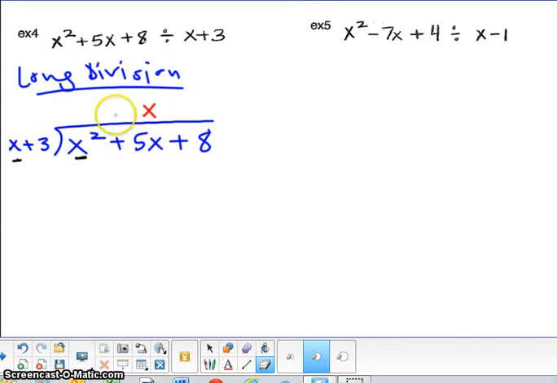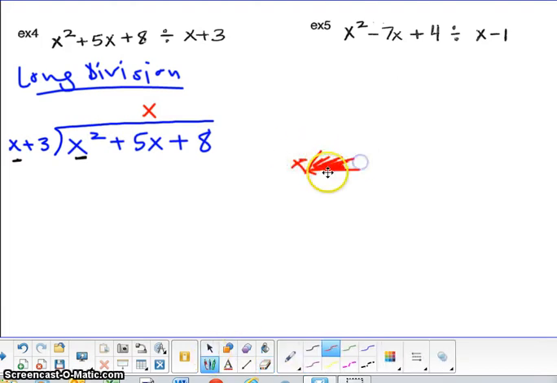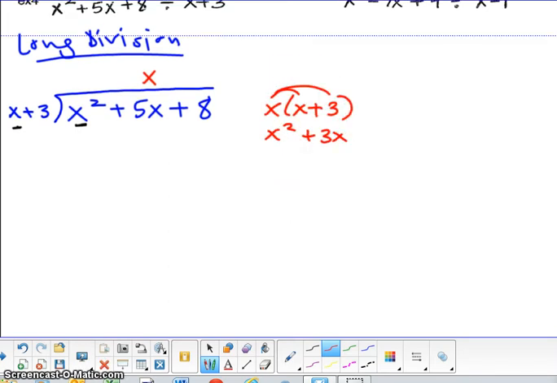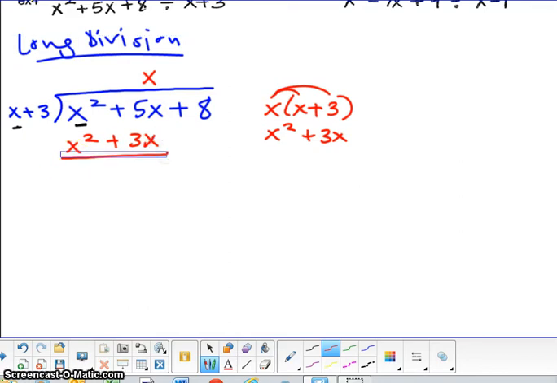Then you're going to multiply that through. So we're taking x, and we're going to multiply x times x plus 3, which is the distributive property. So when you distribute, you get x squared plus 3x, and you're going to place that underneath the first two terms.